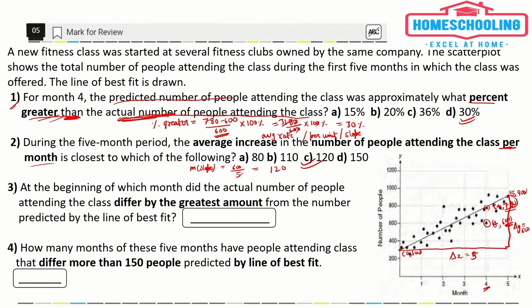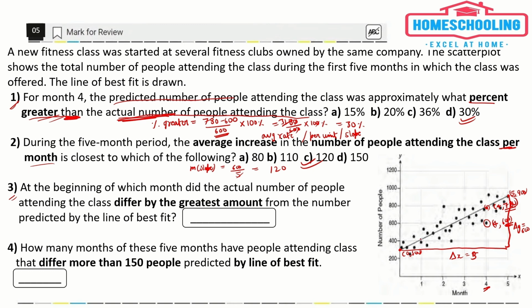Now, in the third part of this question, at the beginning of which month did the actual number of people attending the class differ by the greatest amount from the number predicted by the line of best fit? So every month we are getting two data points. One is the predicted data on the line of best fit, and these data points show the actual number.